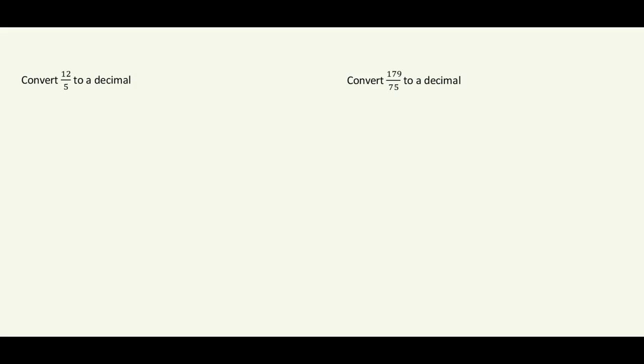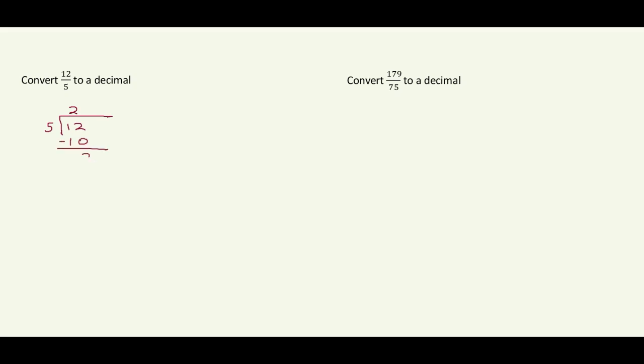Now we have improper fractions. So what we're going to do here is the numerator goes on the inside, your denominator goes on the outside. So 12 divided by 5, that happens 2 times. 2 times 5, we have 10.